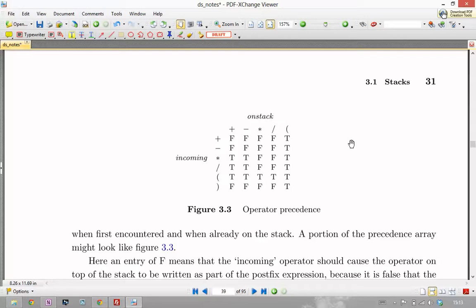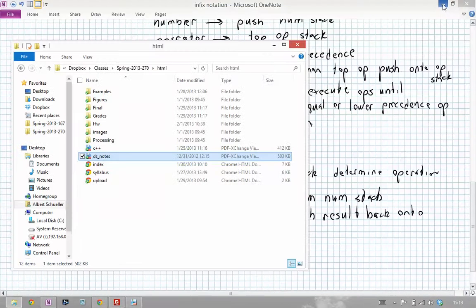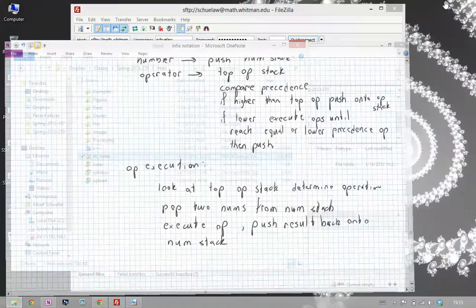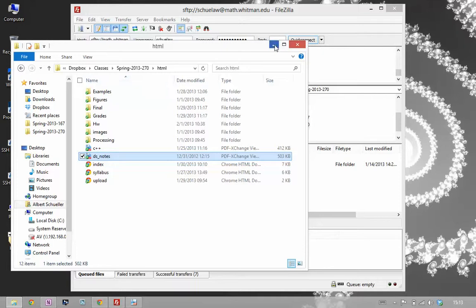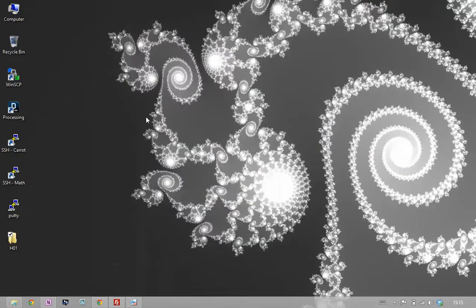But in my own implementation, it just seemed like it didn't really matter. It was six of one, half a dozen of the other. In fact, let me show you my implementation. I haven't posted this yet, but it'll be posted Monday. I just want to show you how mine works. I'm not sure if it's totally bug-free at the moment, but we'll just have a look at it.